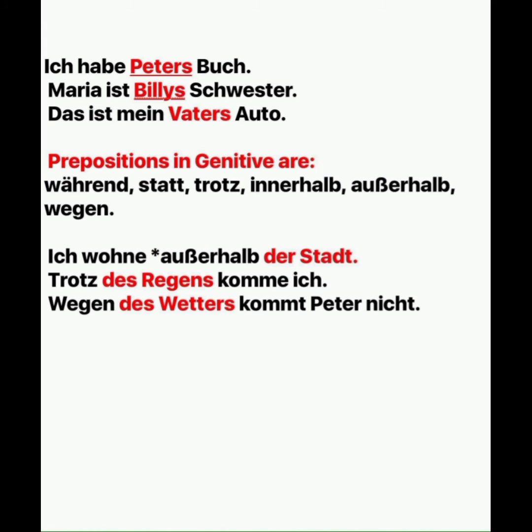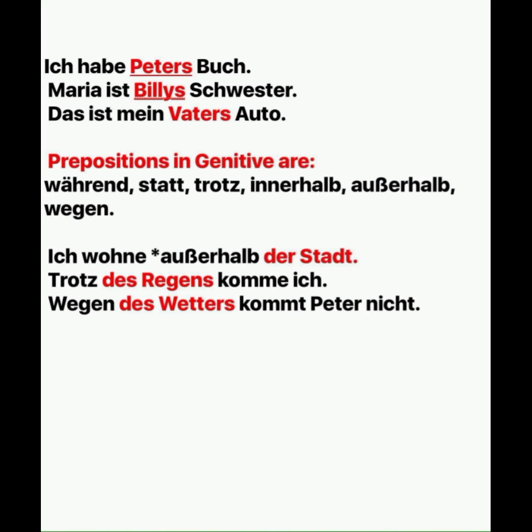You can see Peters, no apostrophe, simply Peters with an S as one word. So, I have Peter's book. And then Maria ist Billys Schwester. So Maria is Billy's sister. There's no apostrophe. And then das ist meines Vaters Auto. So this is my father's car. So you can see, just like in English, we can show possession of people's objects without using the apostrophe and by simply adding an S to the noun. Maria's book, Peter's car, etc.